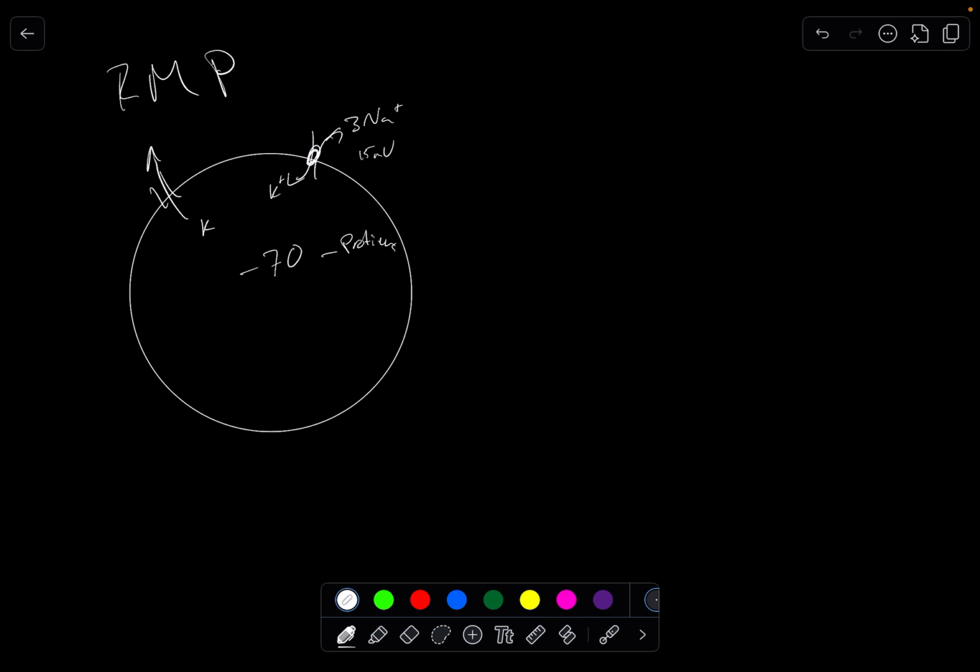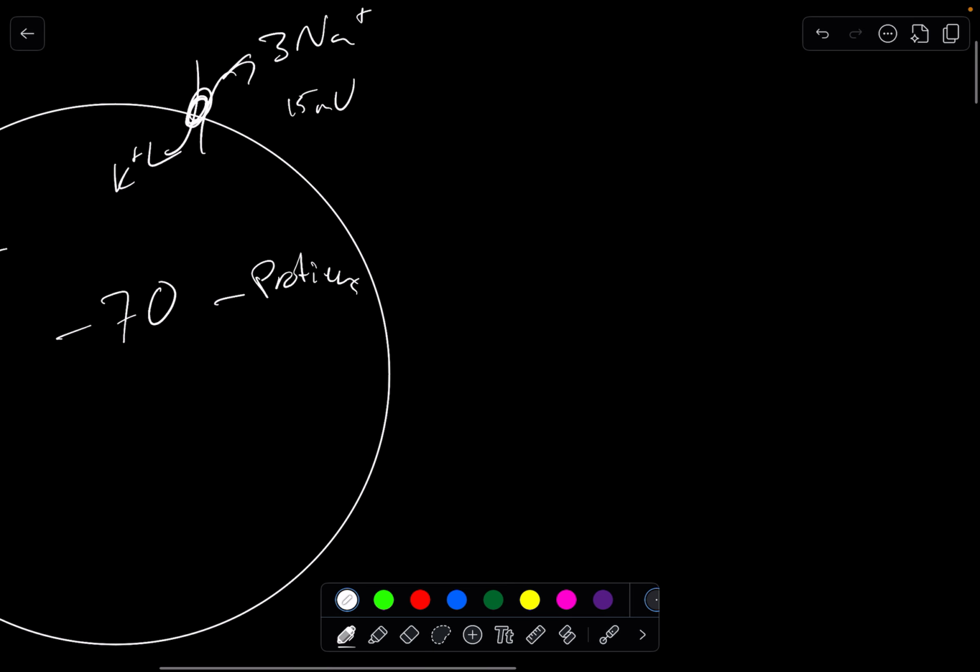The next thing: characteristics, properties of the cell membrane that account for resting membrane potential's development. One thing is the phospholipid bilayer, right? So this is a quick drawing of a segment of what it would look like.